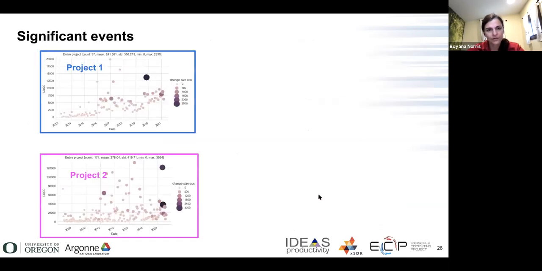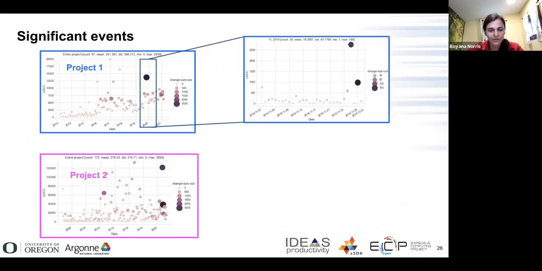And you can also easily spot significant things happening. Obviously, you may already know this because you're a developer in this project, but maybe you don't, and maybe it's interesting to study what these big changes are. And then what this lets us do is not just look at the bubble plots, but focus our subsequent analysis on more significant periods.